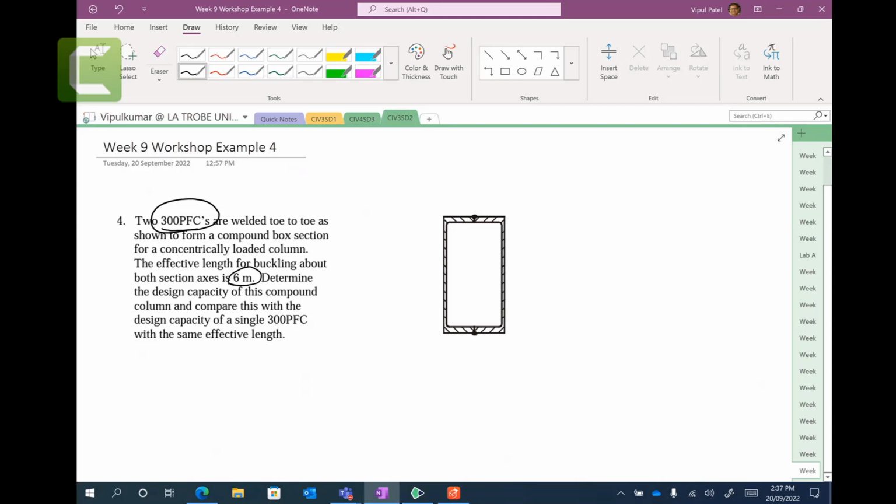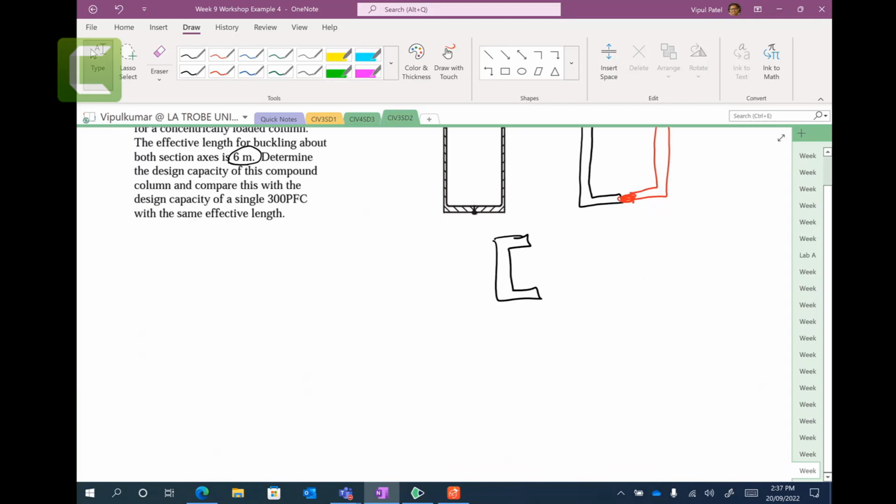So they take two plain channels, there is one, there is another one, and they weld it to make a cross section, and now they apply the axial loading. And then they said, okay, you need to find the capacity for the single one as well, and then compare both. Right? So the business is simple.